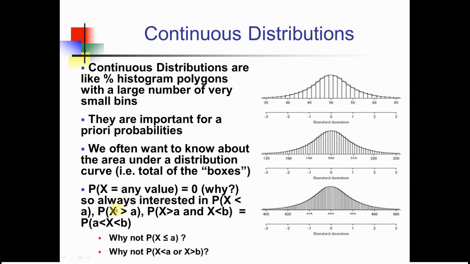We always talk about the probability of x being strictly less than a. Well, what is the difference? If the probability of any particular value is 0, then looking at whether x is less than that value or less than or equal to that value won't be any different. In other words, the fact that this could be equal to will not change the probability. So we tend to only talk about the probability of things being strictly less than, greater than, or between.